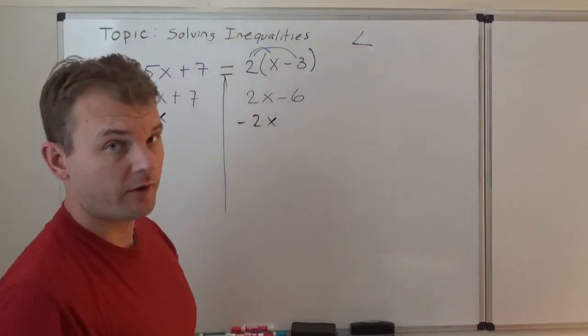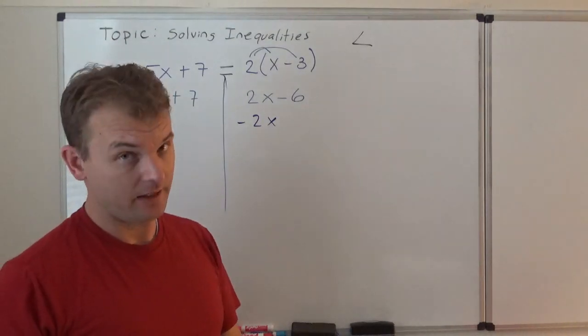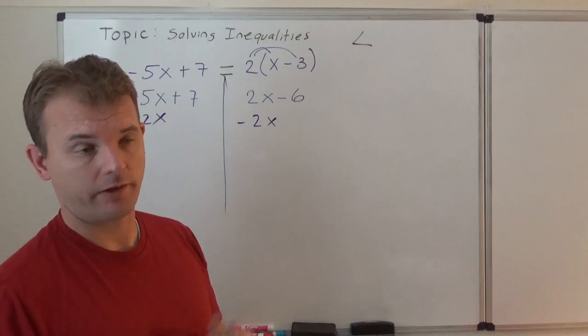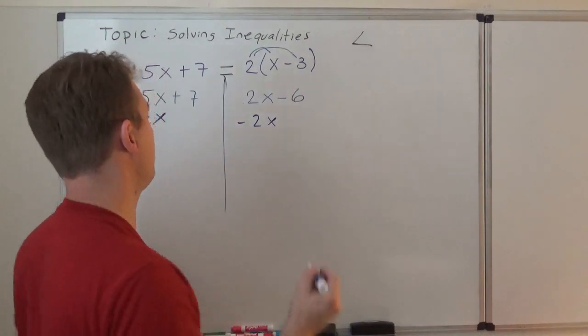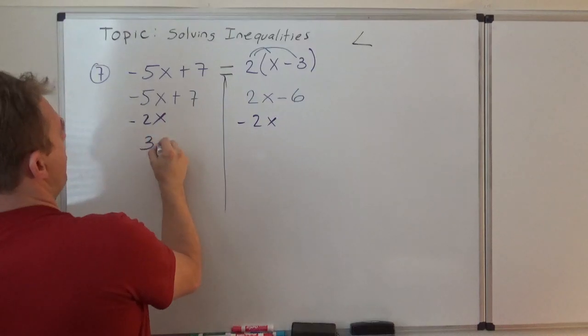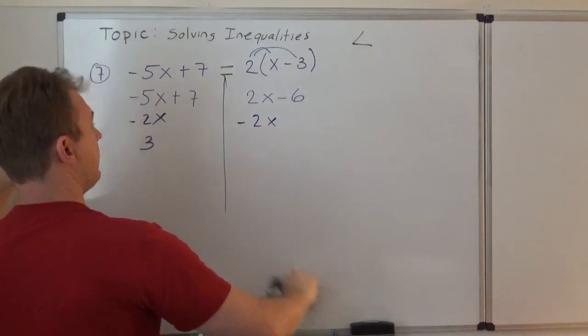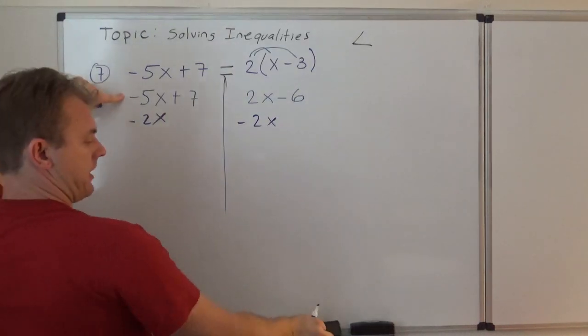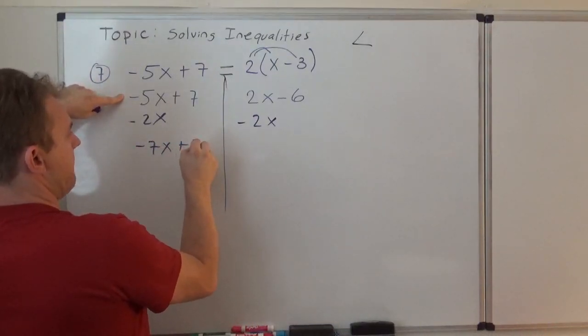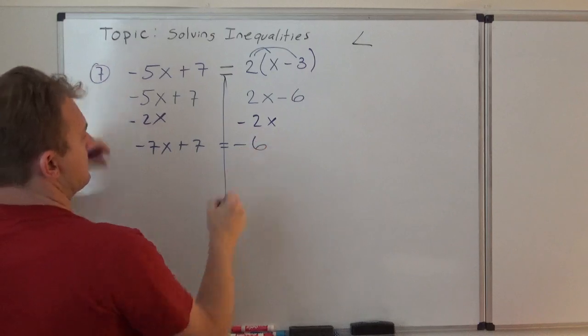Did I multiply or divide? Not yet. Well, I never did it at all, so I don't need to change anything. So what we're going to do, oops, this is negative, negative. Remember, minus and minus is negative 7x plus 7 equals negative 6.